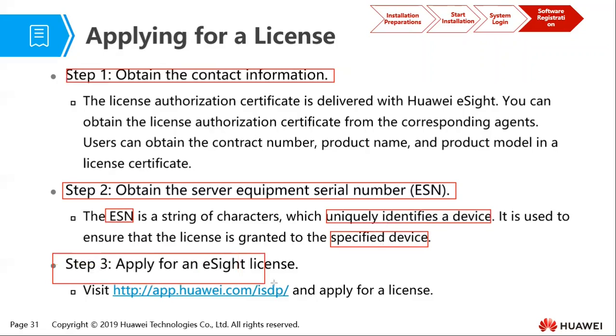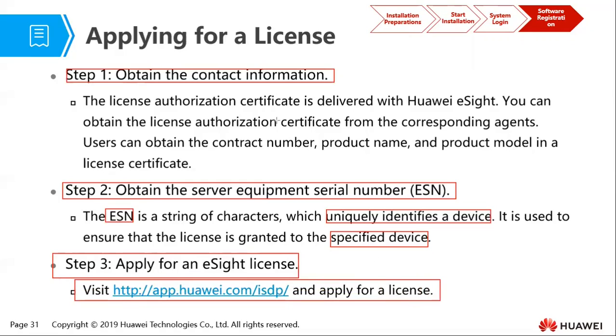Then after you've obtained the contact information on who's going to give you that, and you get the ESN, now you apply for the license from this particular link. So that's how that is done.